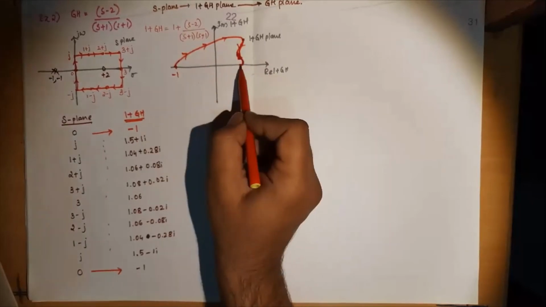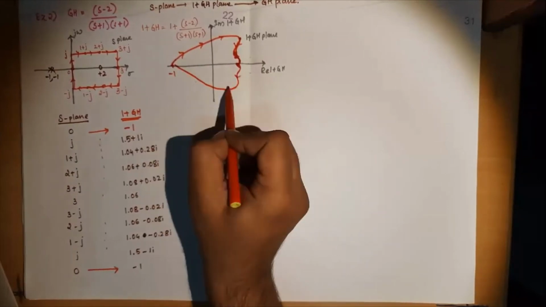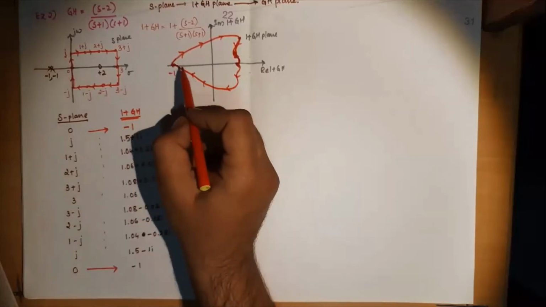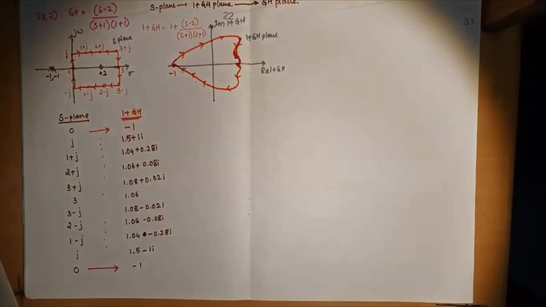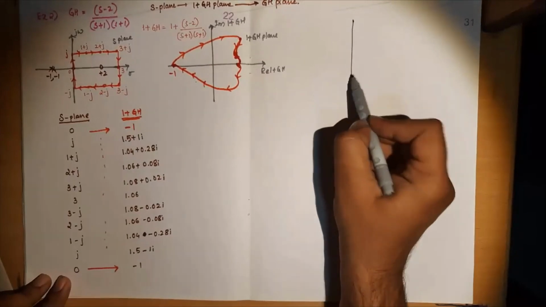Okay, something like this. Then if you map the other points, which are complex conjugates, you will get a symmetrical shape about the real axis.